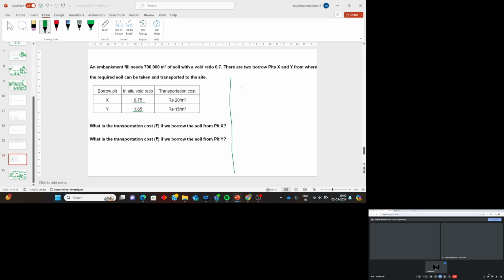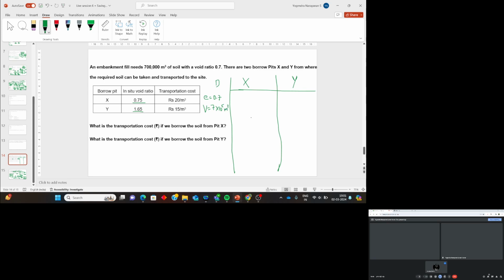Now what you need to find? You can classify it as X and Y. And at the destination, you need to have a void ratio of 0.7 and total volume is, in this case, 7 into 10 power 5 meter cube.